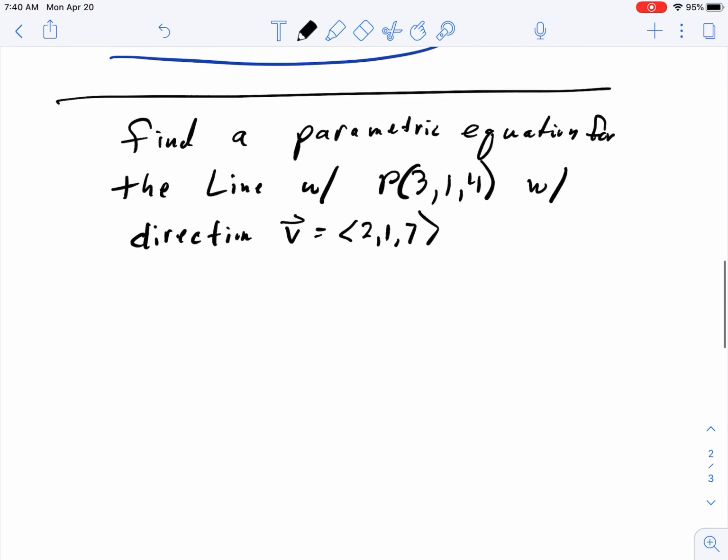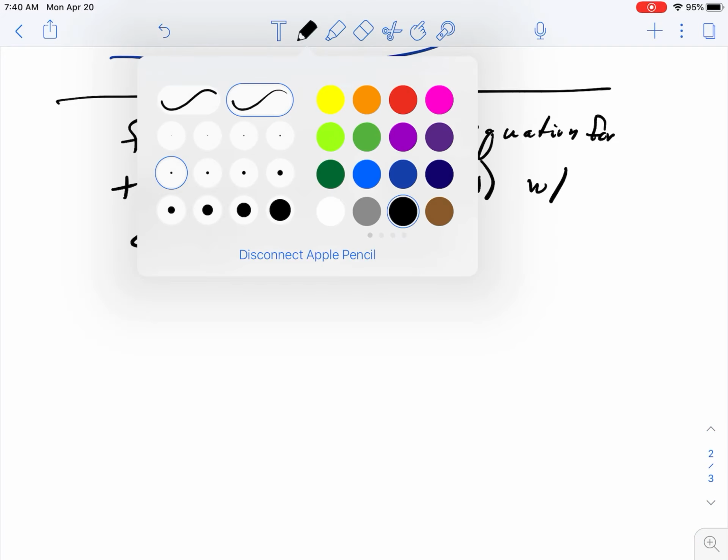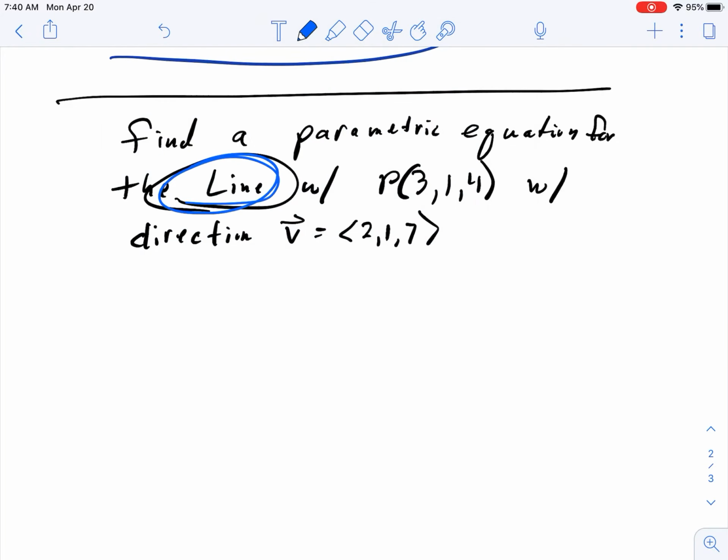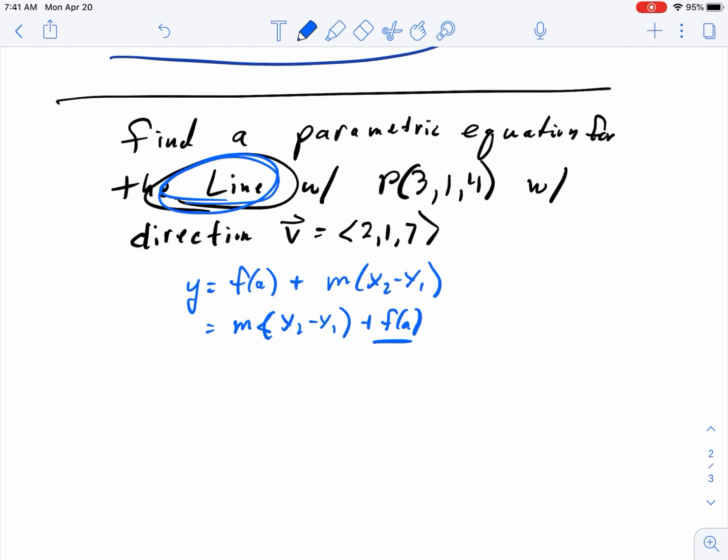Okay, so again, make sure you don't get mixed up with a plane. We're doing a line here, not a plane. So this is the same thing as y equals f of a plus my slope times x2 minus x1, or you can do it the other way, your slope times x2 minus x1 plus f of a.